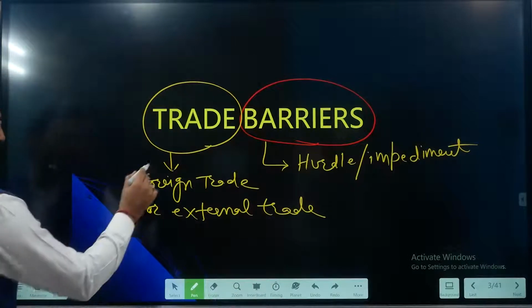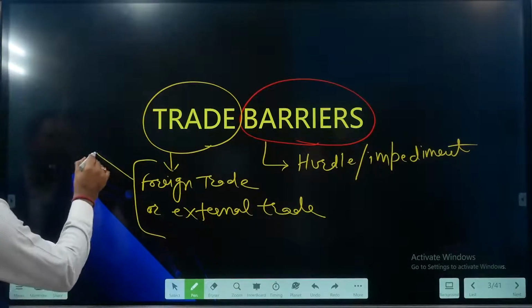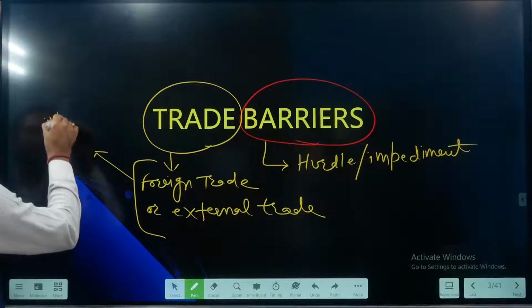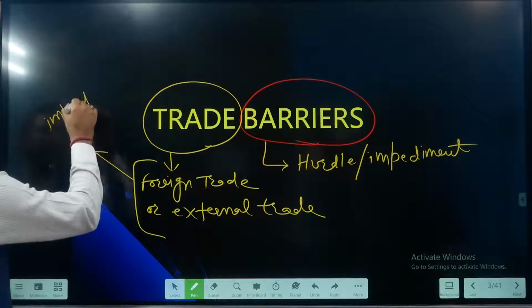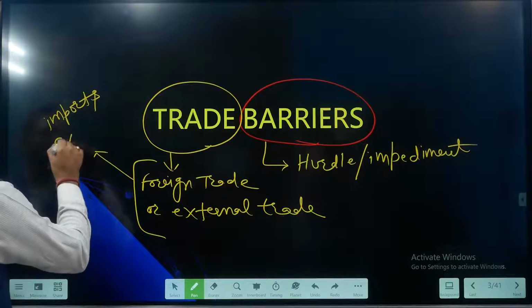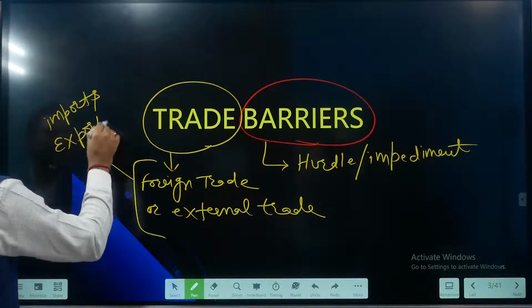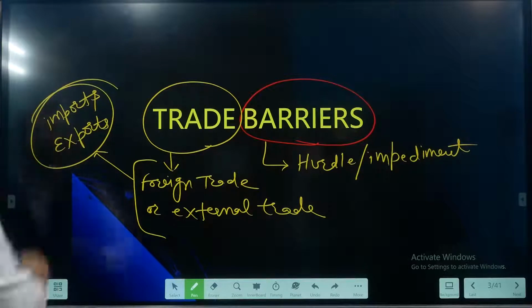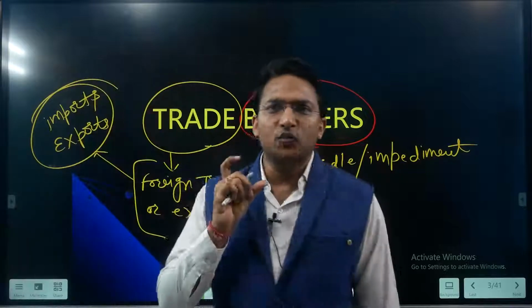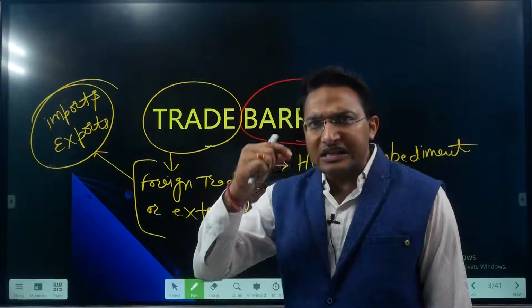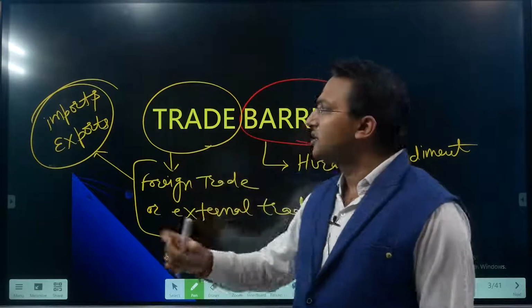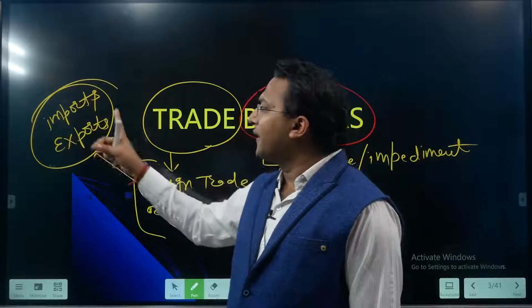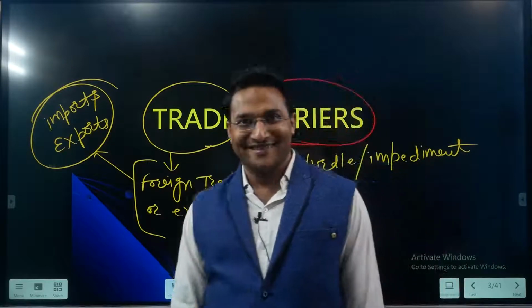This foreign trade or external trade happens in the form of imports of goods and services and exports of goods and services, right? So trade barriers means putting certain kind of restrictions on the import and export of goods and services.